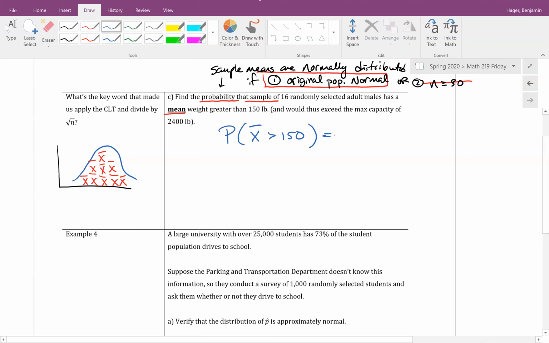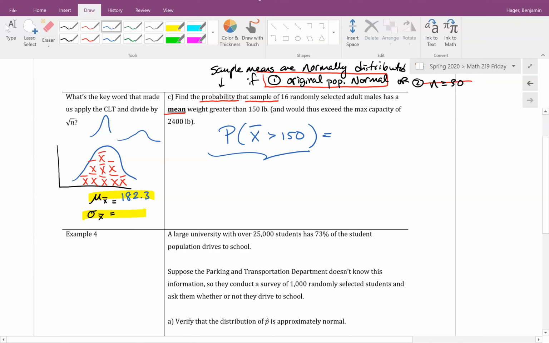Okay. Well, again, to do probability, you've got to know what the distribution looks like. I know this is normal, but I need to know a little more than that. Remember, I have to know what is the center and what is the spread, so that I can tell StatCrunch what these two things are, so it knows whether this is a skinny graph or a wide one. Well, remember the mean of my sample means is the same as the population mean, which on the previous page said the population mean for males was 182.3.